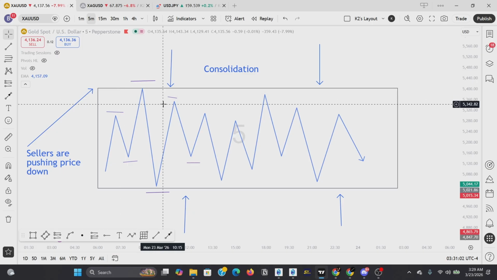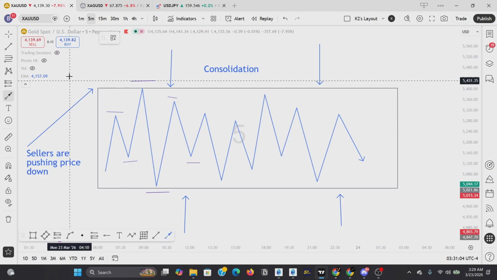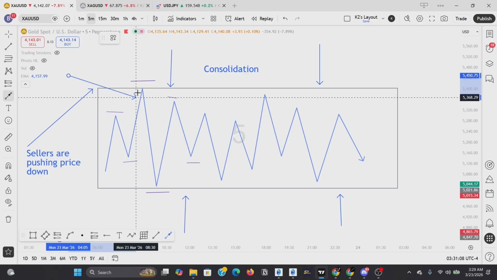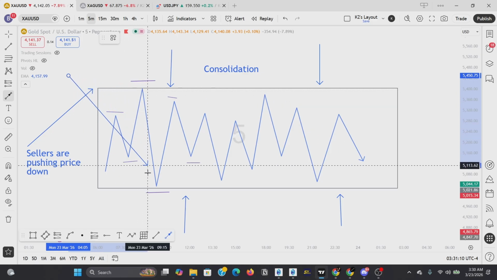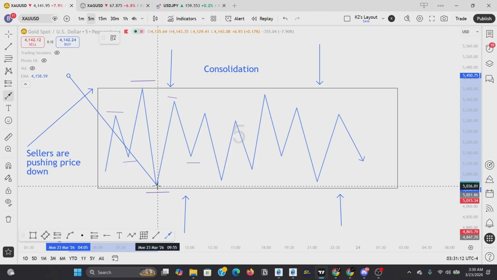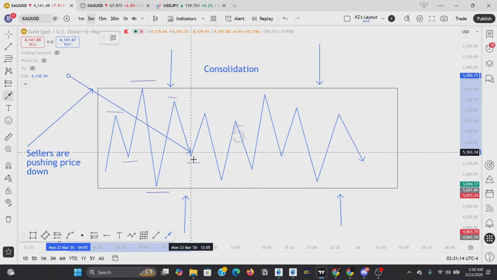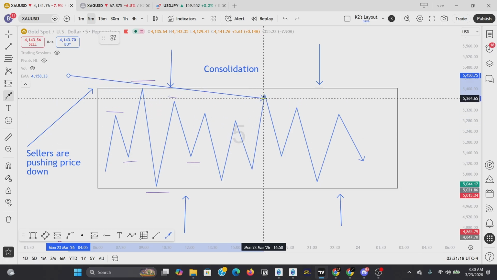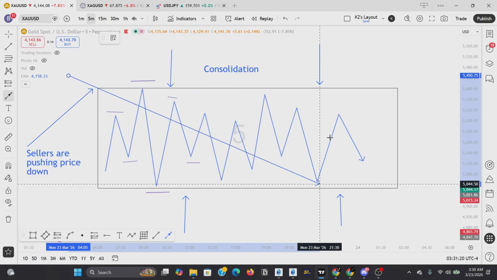At that level, as you can see, because let me grab my arrow. At this level, every time that price comes to this level right here, what does it do? It sells off. When price comes to this level, it buys up. When it's in the middle, it's doing both. When it comes near this level, buys up. When it comes to this level, sells down.